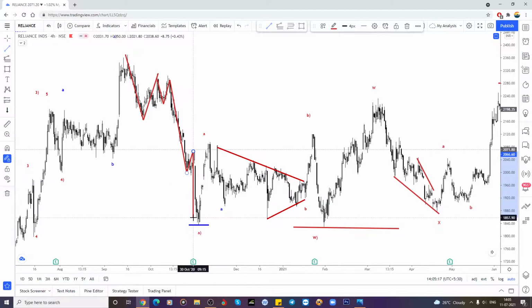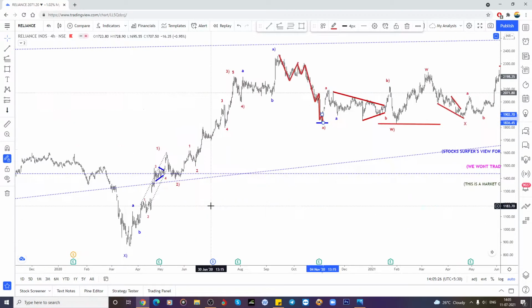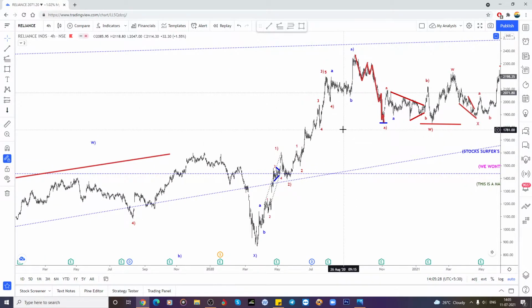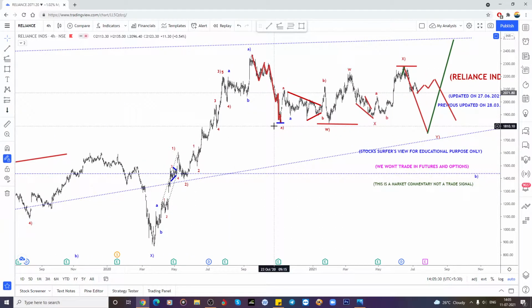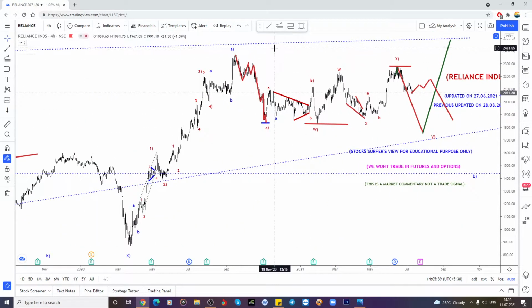It's ended here, and again one more wave, 3-wave structure. So here, 1 2 3 4 5. So this is a 1 2 3 4 5. So that means this is an impulsive wave also, and we are at that high, and if it didn't break the high also, we only need to add our positions above this A wave.